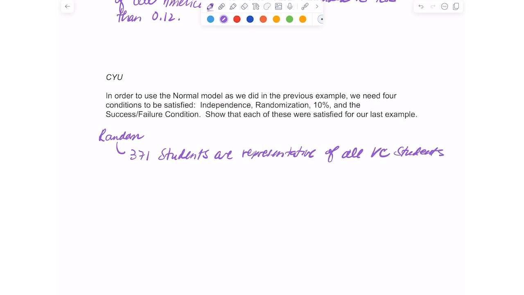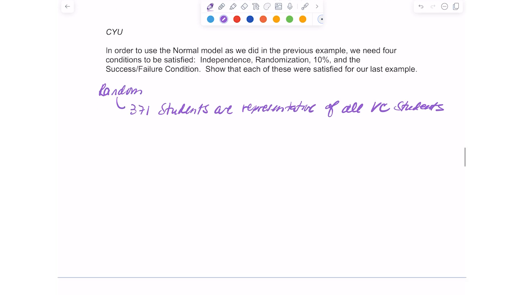Next, I need to check my independence assumption, right? So random kind of covers that, and so does 10%. So why don't we check the 10% condition next? Remember, your sample can never be more than 10% of the population.